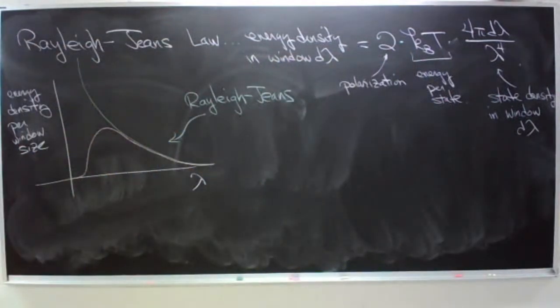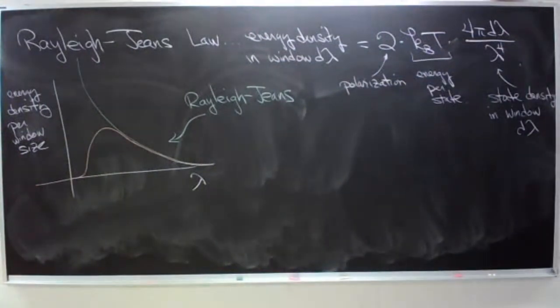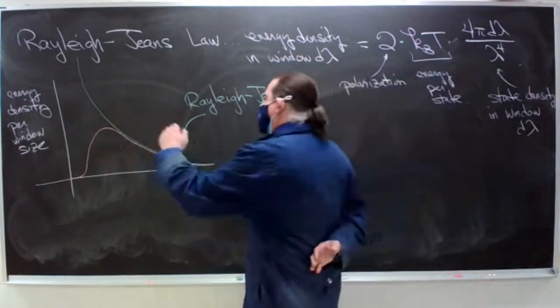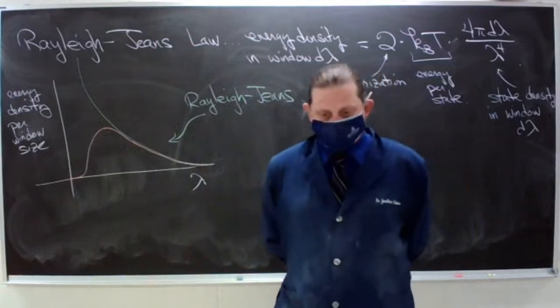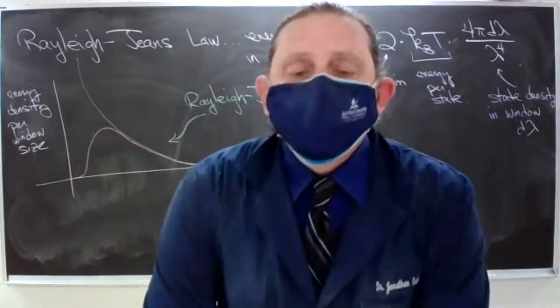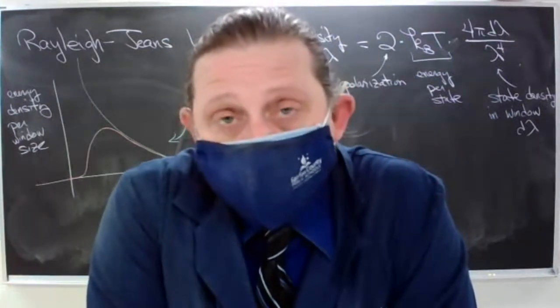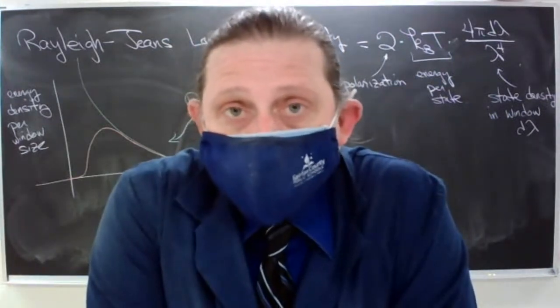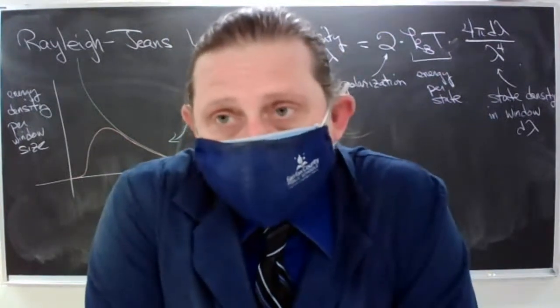So, in order to have a theoretical understanding of the reason for this behavior, we need to have some sort of a functional form for this. Planck was able to come up with this form in the late 1890s. Okay?